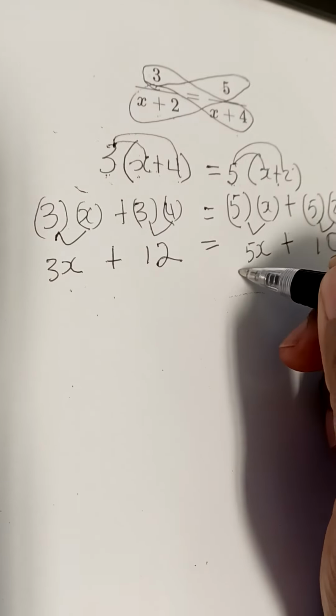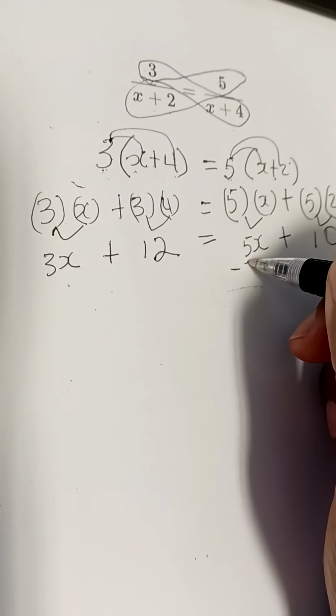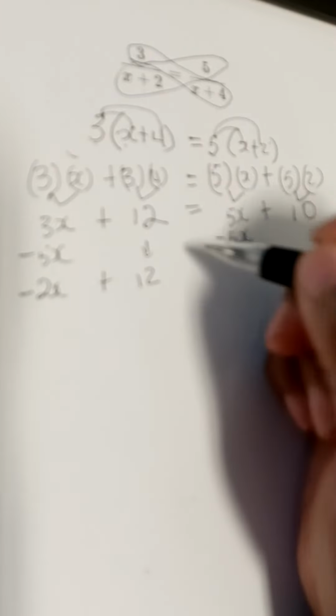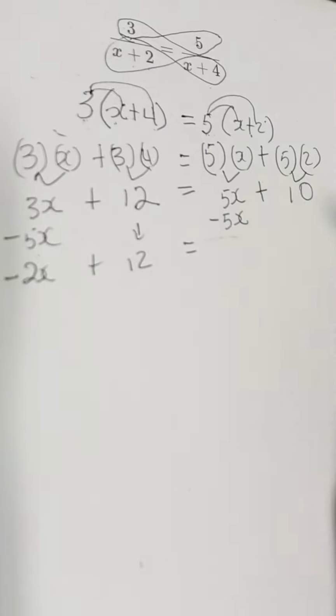So with this one, I'm going to minus 5x from both sides. So we have 3x minus 5x, which gives us negative 2x. Then I'm going to bring down my plus 12 because I'm not yet ready for it. Then I replace my equal sign.